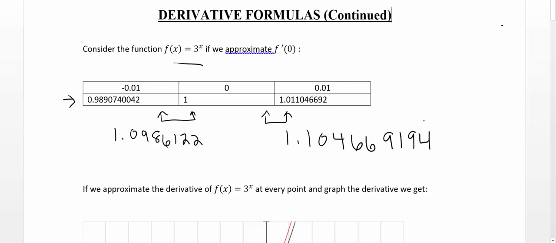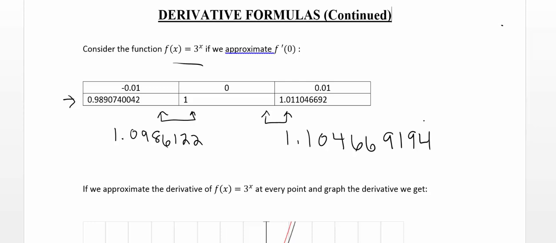Now, the reason I'm approximating my derivative this way, instead of using the definition of derivative, is that if I plugged in an x plus h, I wouldn't be able to manipulate the algebra to simplify it enough to get rid of the h. So instead, I'm using my average rates of change to approximate the derivative at this point.